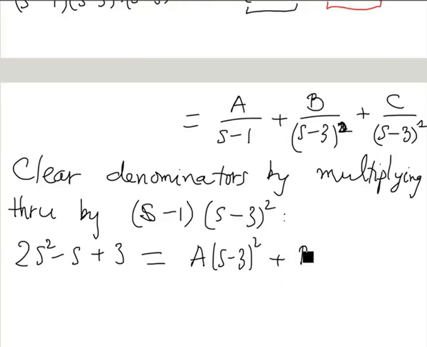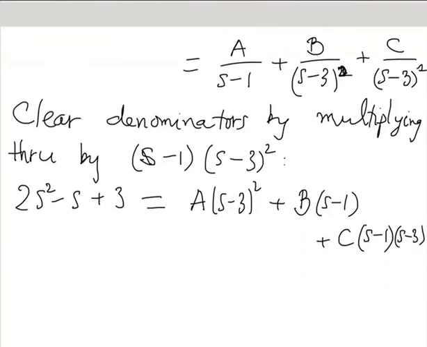And then we have B times s minus 1, and then C times s minus 1 times s minus 3. You should try to do the algebra yourself to see what's going on, but this is what it is.